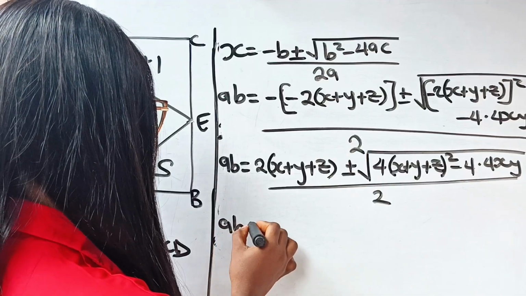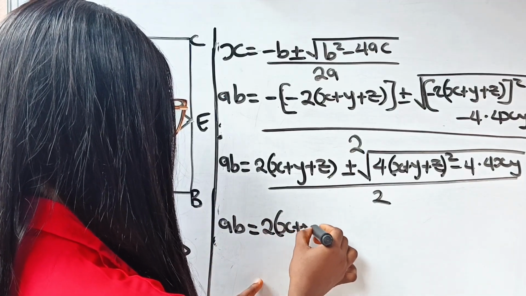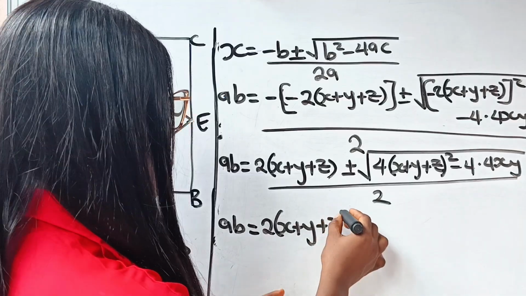So we have ab is equal to 2 bracket x plus y plus z.